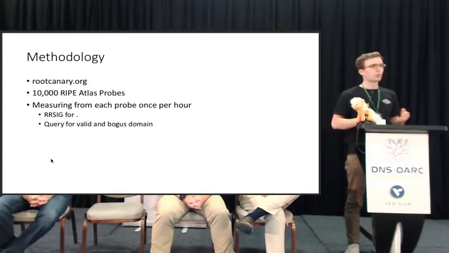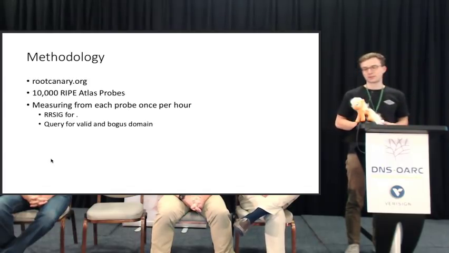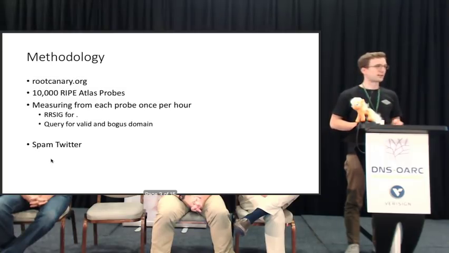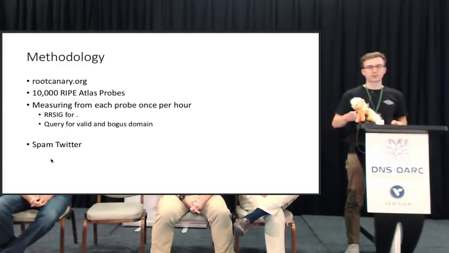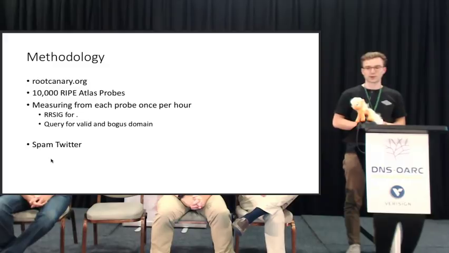With that, we wanted to see if resolvers are failing during the time of the rollover, and how the signature is getting picked up by the recursive resolvers. And of course then spam Twitter, so you might have seen some of our charts coming by. For those who don't follow Twitter, we also posted our figures on the SIDN Labs website as well, just to reach out to more people and to let them know what's going on from our perspective.